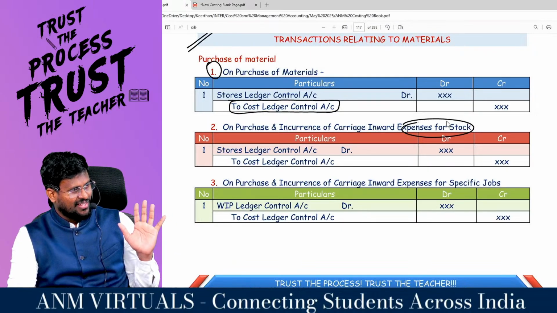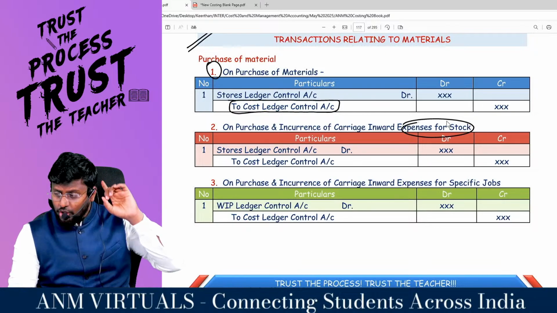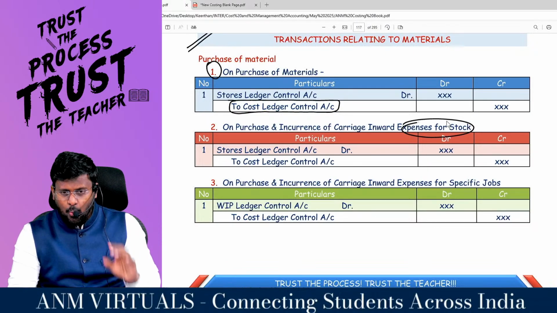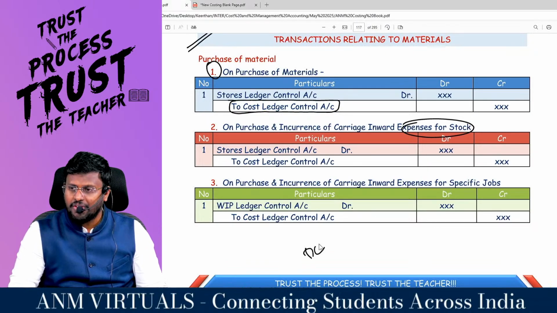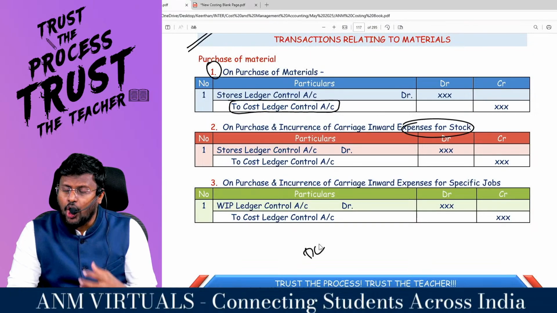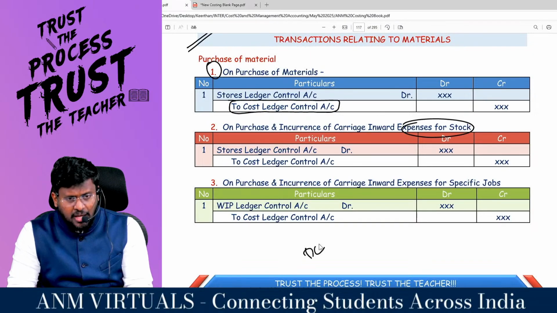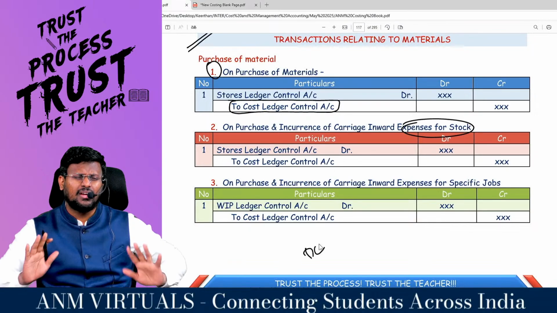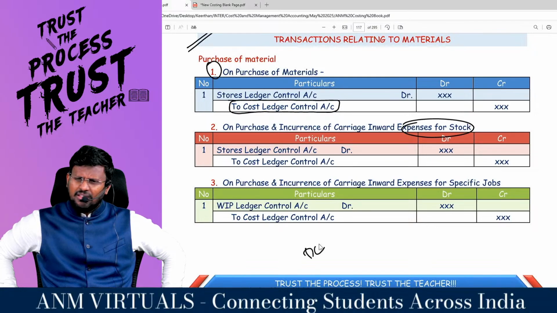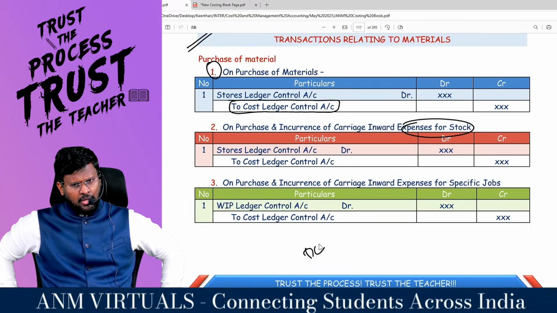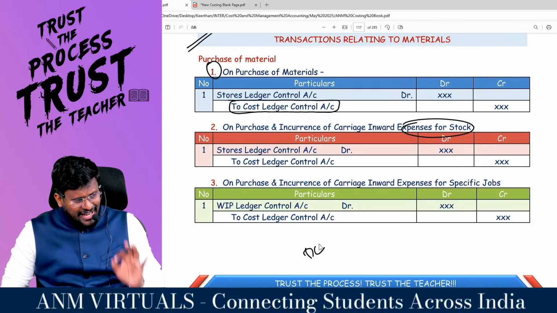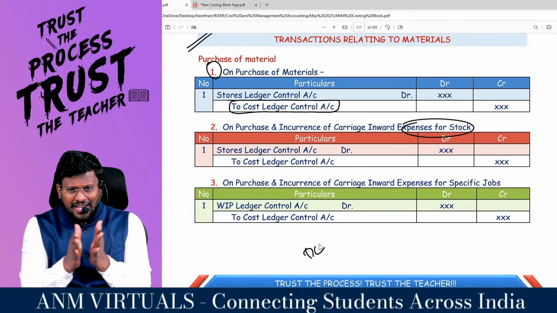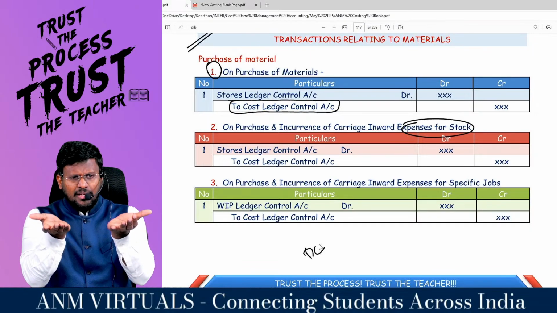Don't worry. As per those standards, whatever direct cost you have incurred to purchase a raw material should be added to the value of the inventory itself. Nothing more, nothing less.